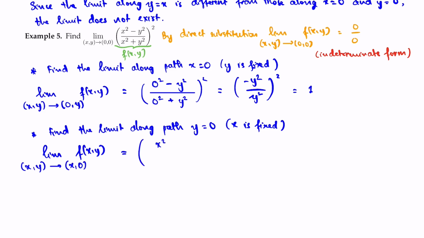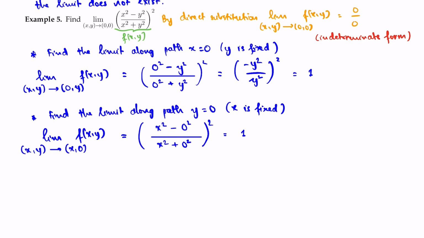So you get (x squared minus 0 squared) over (x squared plus 0 squared) altogether squared. I get this result because I applied direct substitution into the function for x equal to x and y equal to 0. And the result is going to be equal to 1, which is the same result as the limit along path x equal to 0.